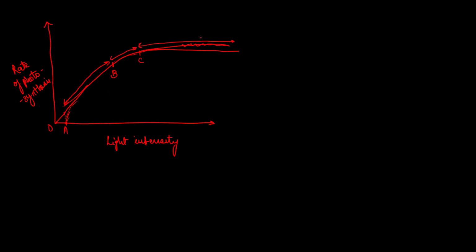Now let's see what is happening. The first point is point A, which is known as the compensation point. What do I mean by compensation point? At this point, nothing is actually happening. The rate of photosynthesis, the net gain, is nothing, because here the rate of photosynthesis is equal to the rate of respiration.